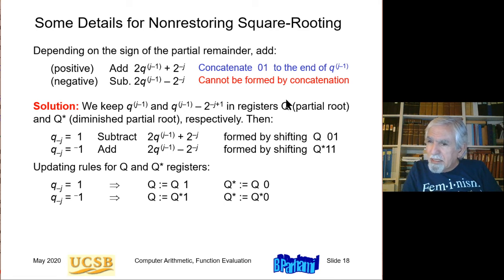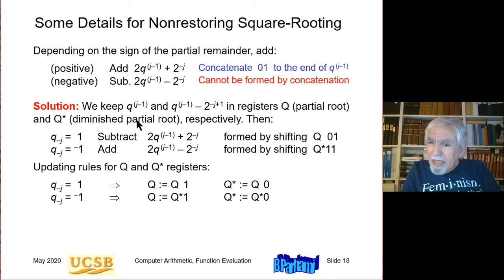So if q ends in 1, q star ends in 0, okay, 1 ULP less. If q ends in 0, then q star will be 1 less than that. So for example, if q ends in 1, 0, I subtract 1, q star will end in 0, 1.